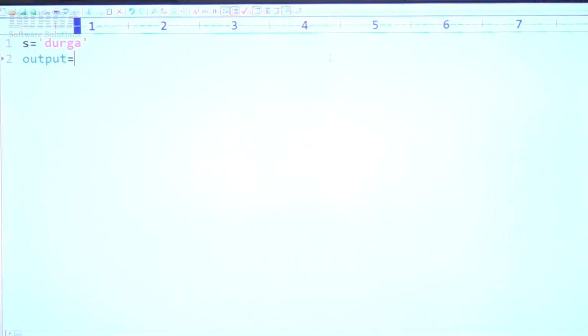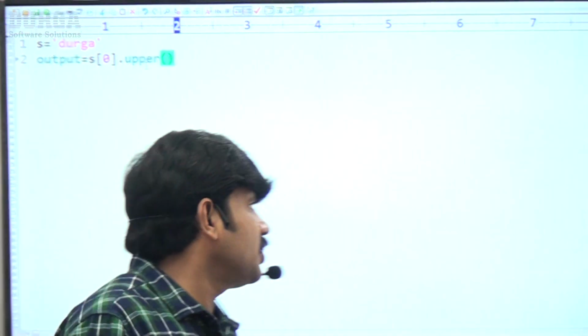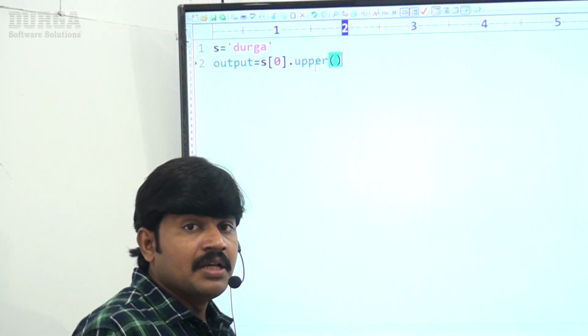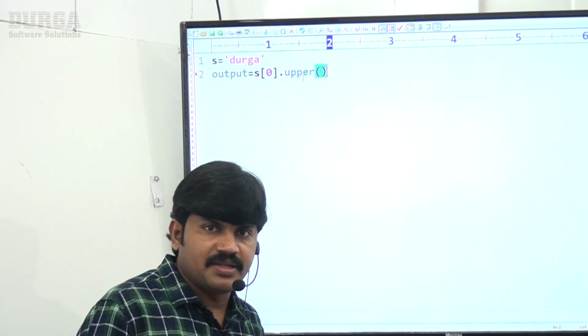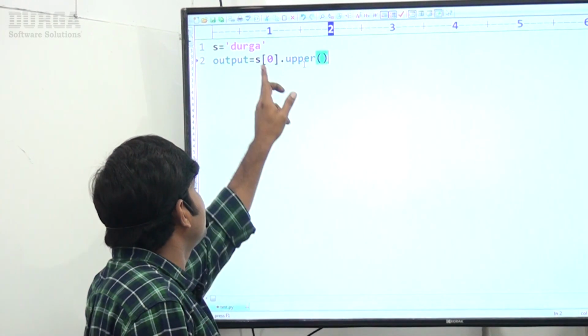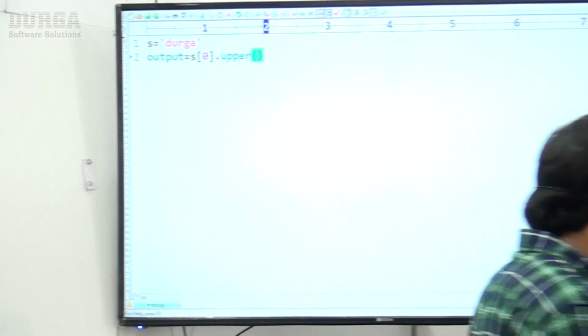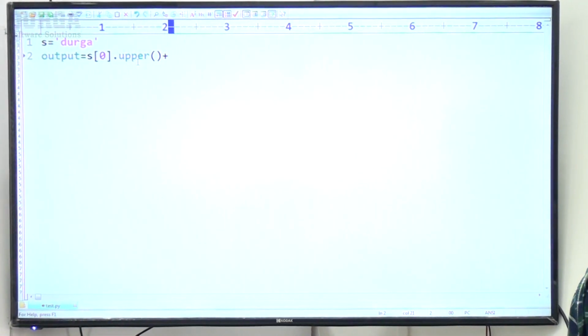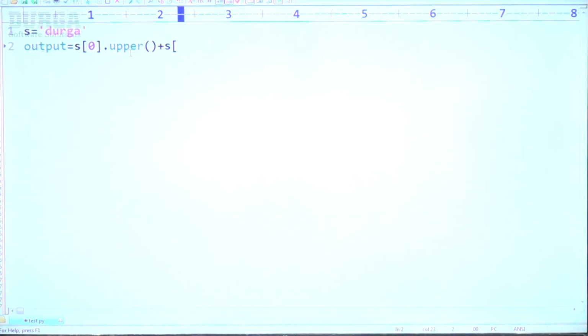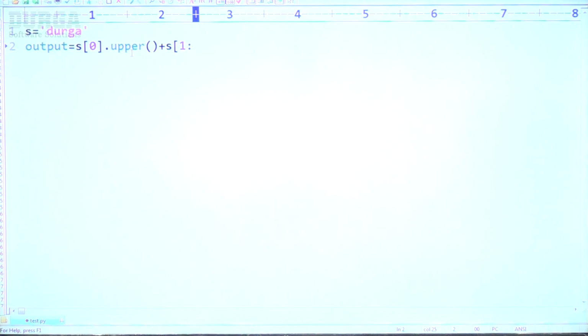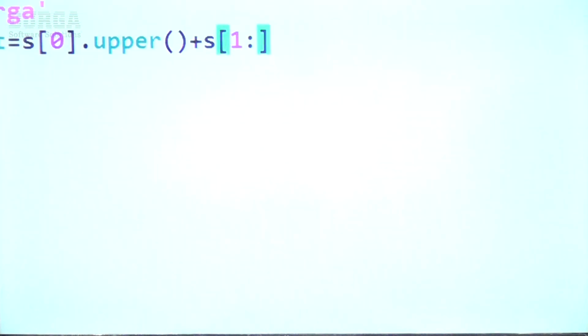Output is equal to first character s of 0 converted using the upper method. Some people may ask what this method is doing; in the string concept I will discuss in detail. Yes, we are converting this string into uppercase. Next, plus s of 1, from index 1 onwards, the remaining.